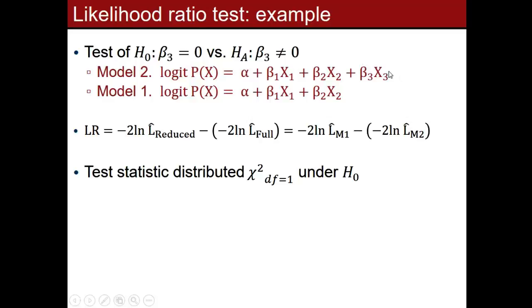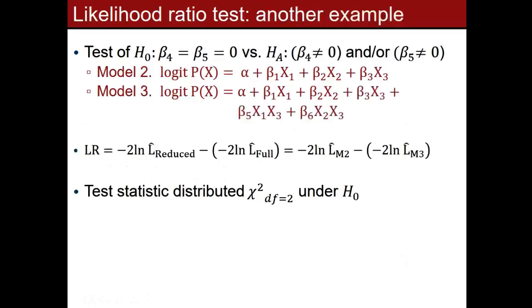You compare this full model to a reduced model that's exactly the same but drops the thing you care about. So you delete the thing that you're probing whether it matters, and out of SAS you get the negative 2 log likelihood for one model, compare it to the other, and that is going to have a chi-square 1 degree of freedom test because you dropped one thing. Simple as that.